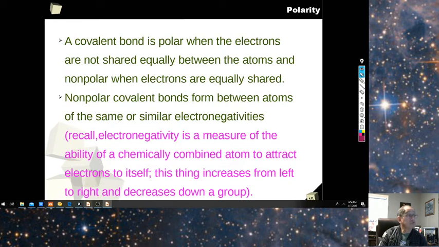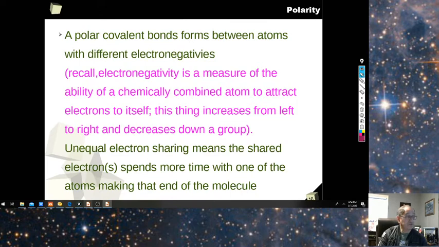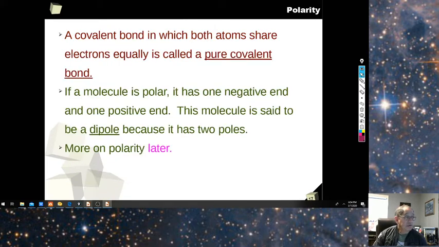Let's see here. Okay. Yep. It's just repetitive there. Know what a pure covalent bond is. Know what a dipole is.